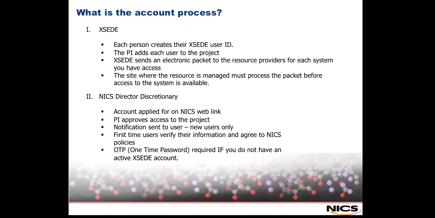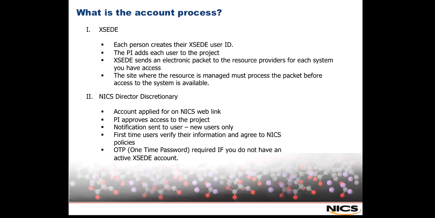Once that is complete, XSEDE sends an electronic packet to each of the resource providers for every system that you have access to. Each resource provider has a different process, but they all have to process their accounts and process the packets before you will have access to the system.